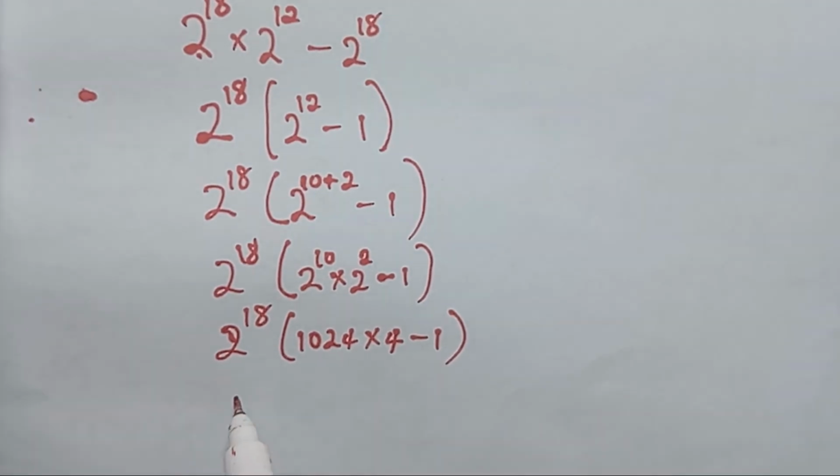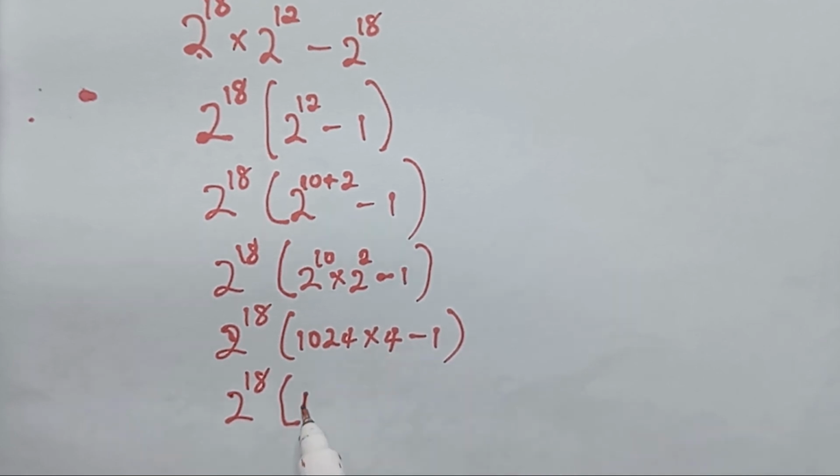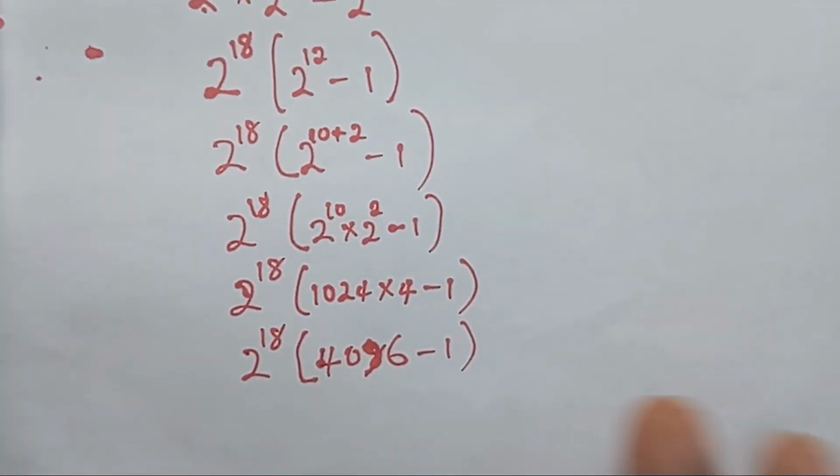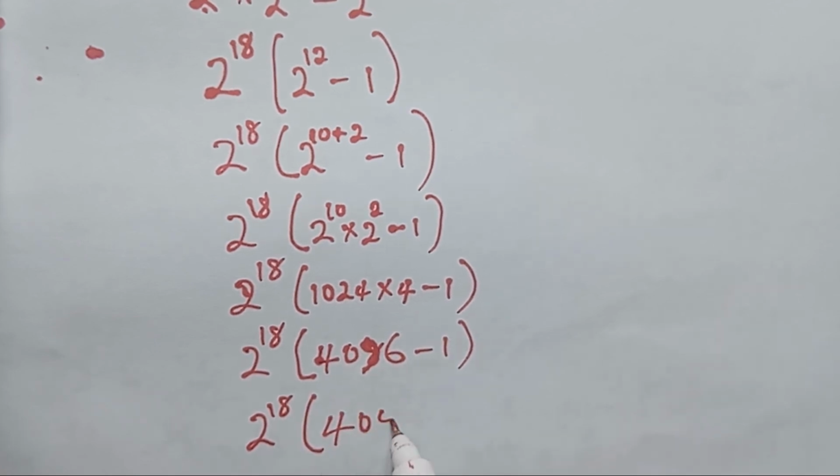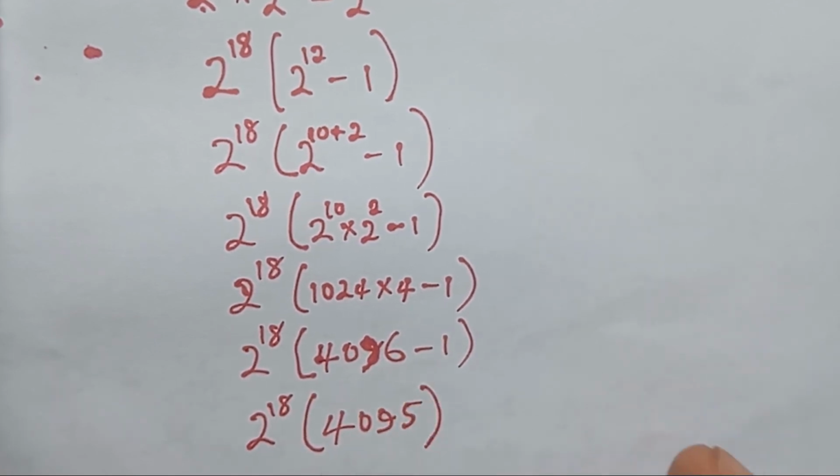So moving on, I have 2 power 18 into 1024 multiplied by 4, which will be 4096, and then minus 1. So what I have is 2 power 18 into 4095.